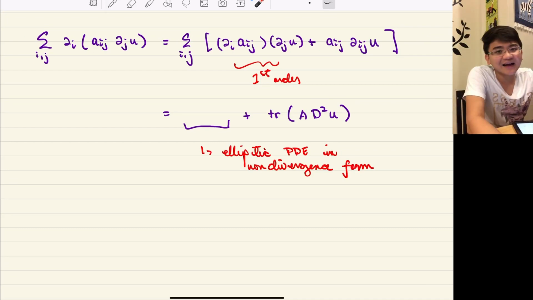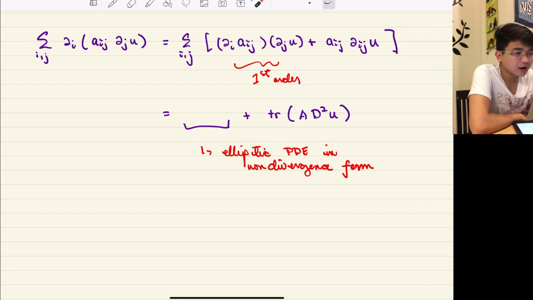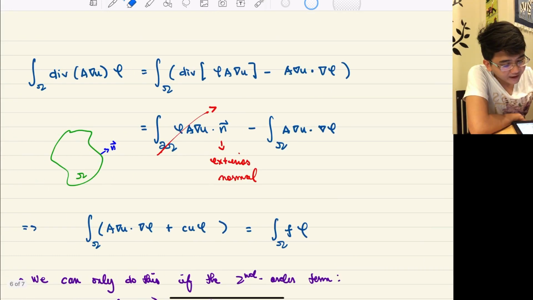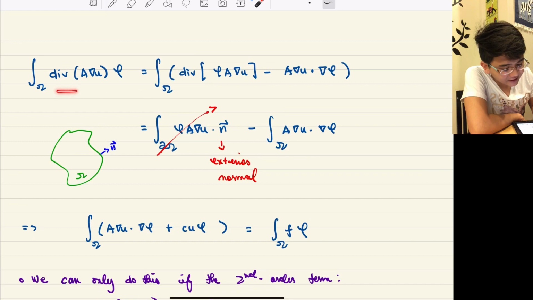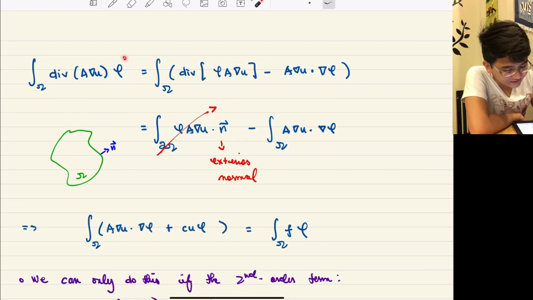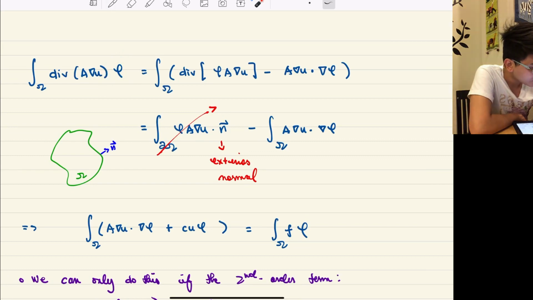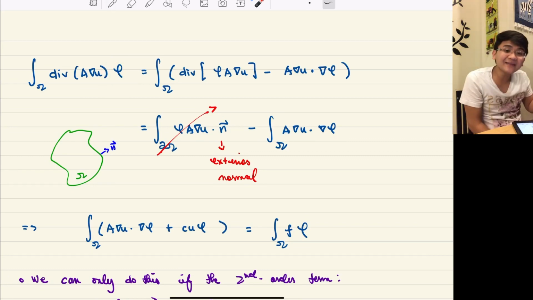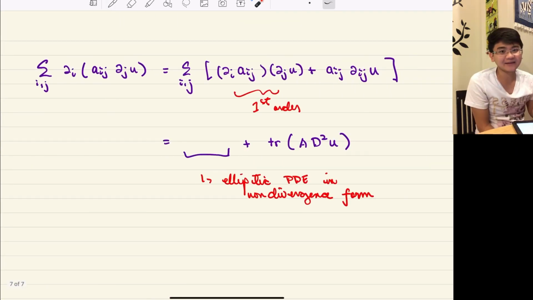So you cannot write this back into divergence form. And so the trick that we had before, where you use this integration by parts trick in order to pass on a derivative to the test function, so this doesn't have a derivative, you end up with grad phi, you cannot do that in this case.